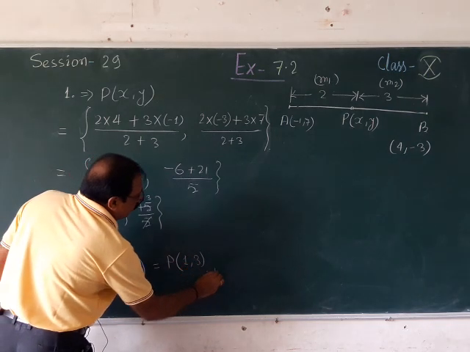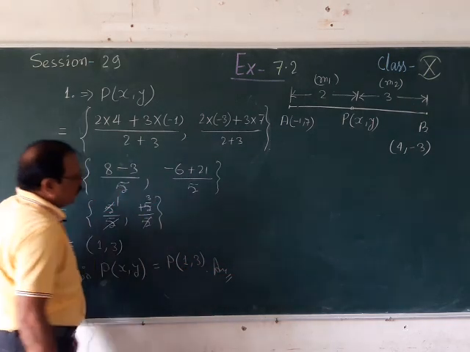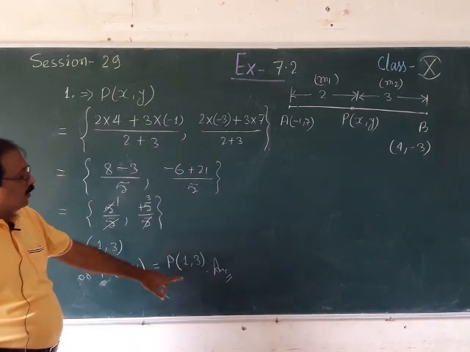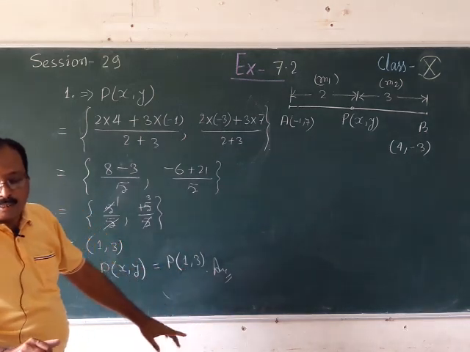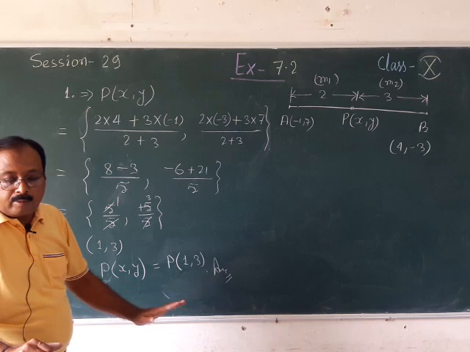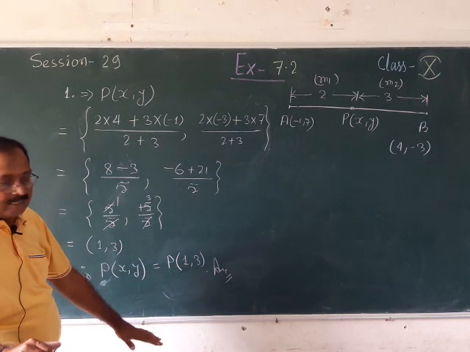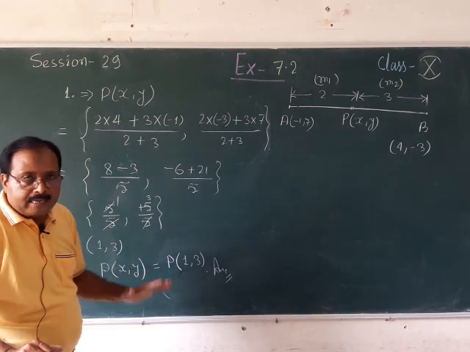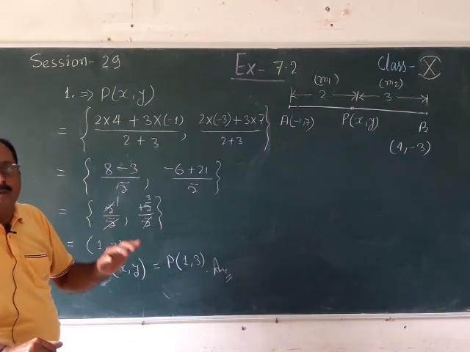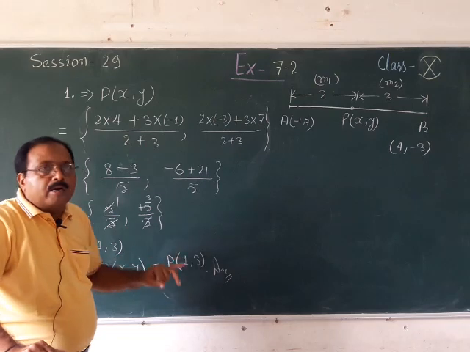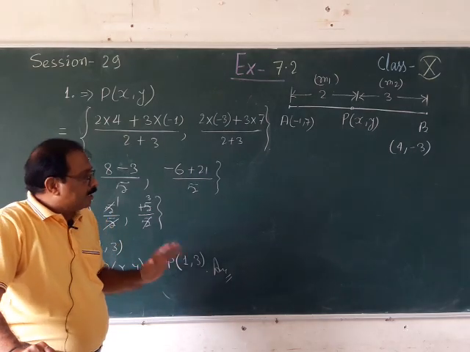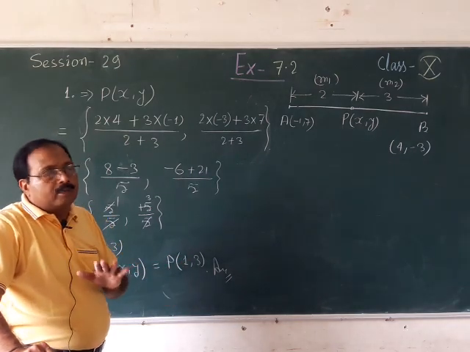That means the coordinate of P has appeared here as 1 comma 3. Then the coordinate of the point is 1 and 3. You can write at last your final statement. Hence the point is 1 comma 3. Hence the required point is 1 comma 3.